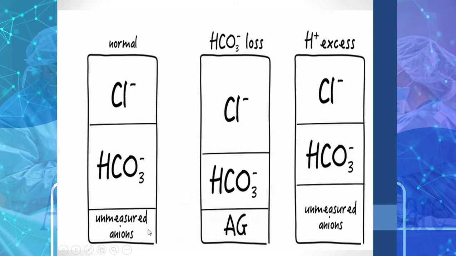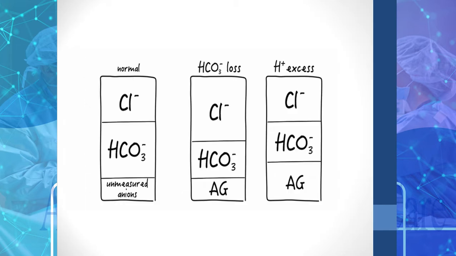Here the anion gap, we will consider the unmeasured anion as the anion gap. Here the unmeasured anion will not be changed, but this will be called hyperchloremic metabolic acidosis. Here when the hydrogen ion is added, the unmeasured anion is increased, and this will be called normochloremic or high anion gap metabolic acidosis.